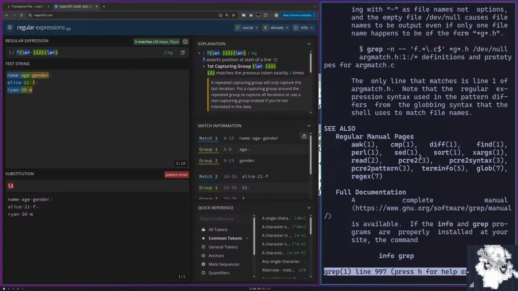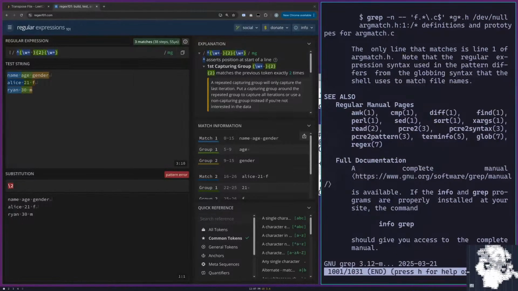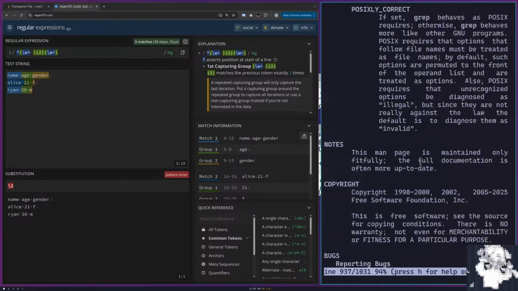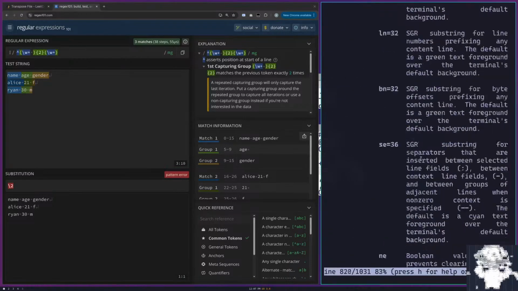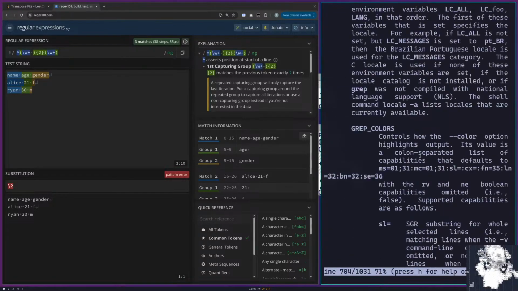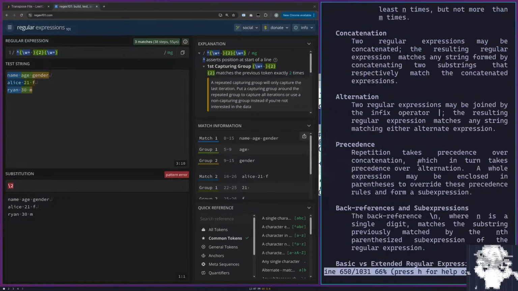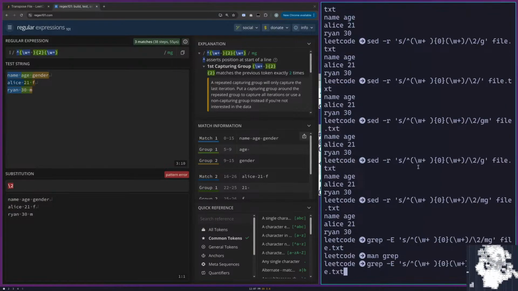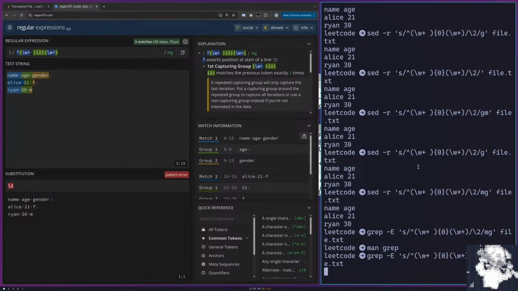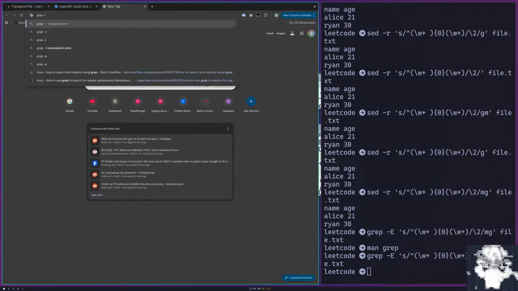See also find. No. I just need, like, what is it supposed to do? grep -E.